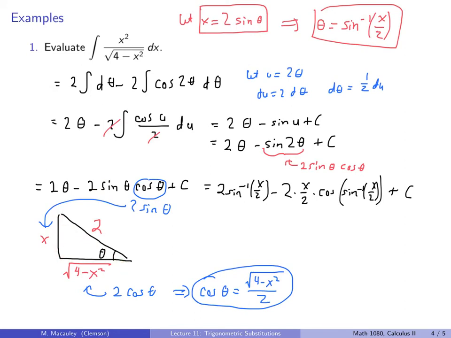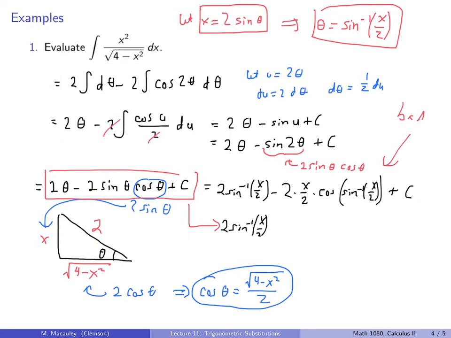So now I'm getting a little messy here, but let me box the last good thing that I had. I can now write this as 2 inverse sine of x over 2.